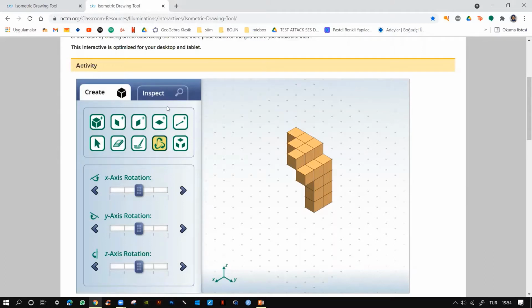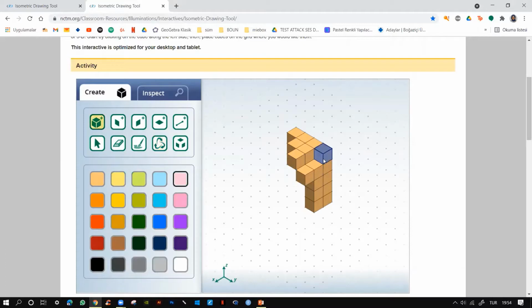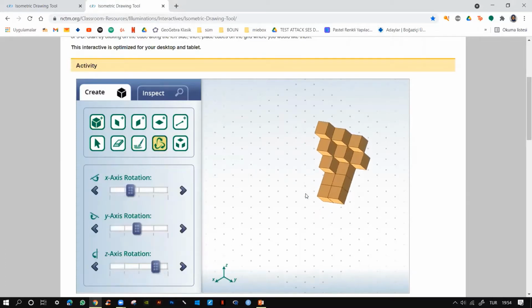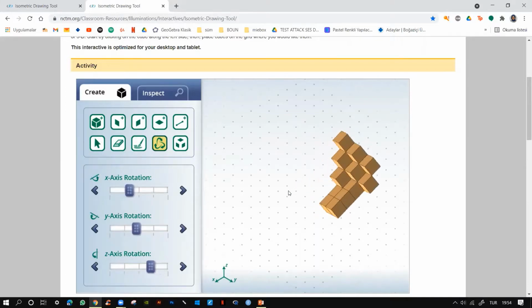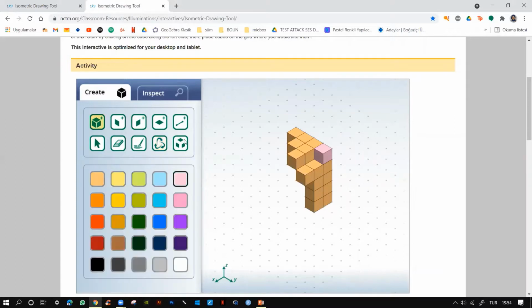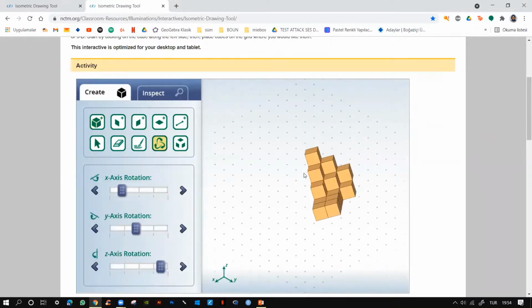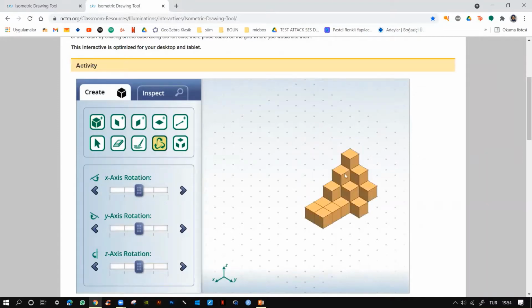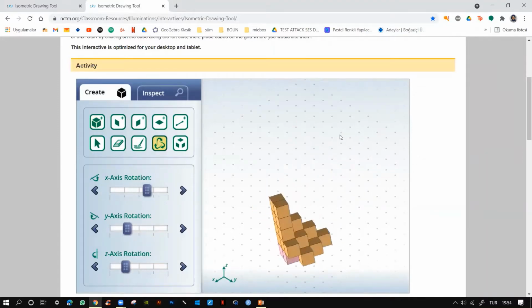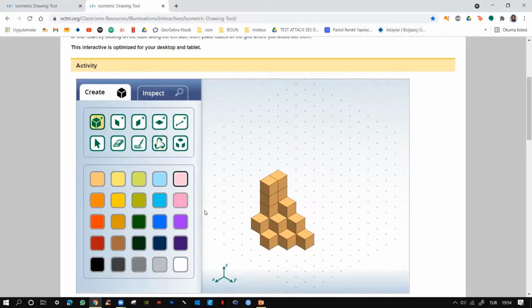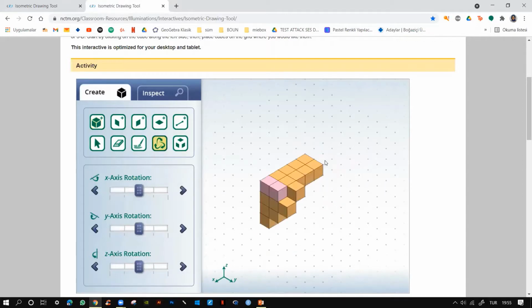Let's look. I'm adding 1 unit cube. I'm rotating again. The shape is the same. There may be 1 unit cube. I'm adding one more time. I'm rotating again. The shape is the same. I'm adding one more time here.